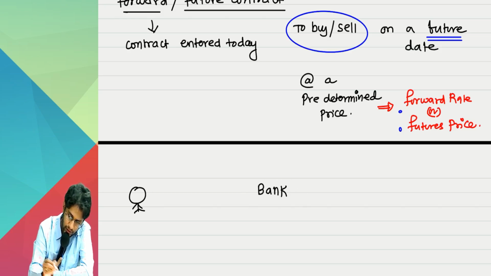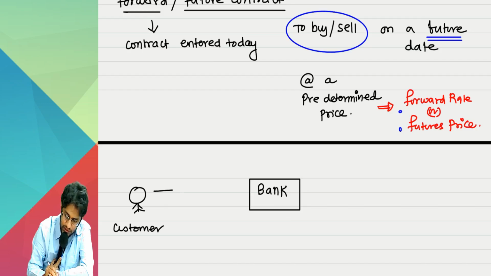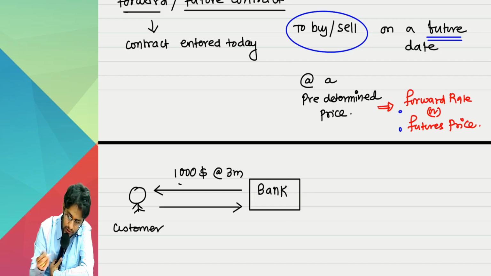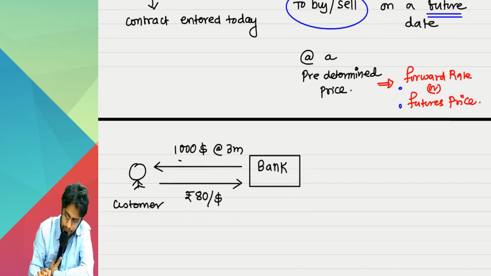Today there is a contract entered between a bank and the customer. This one is the customer. The contract is that the customer will buy $1,000 at 3 months time from the bank, and to the bank the customer will pay rupees 80 per dollar.